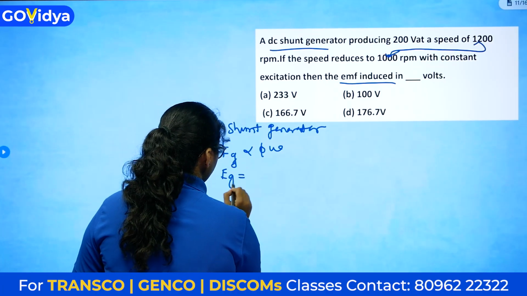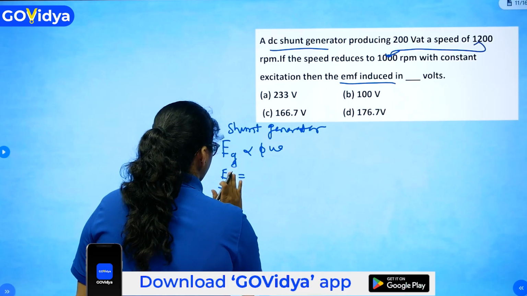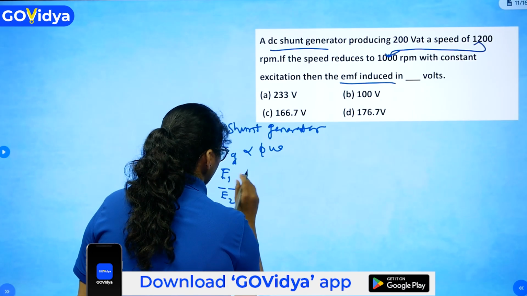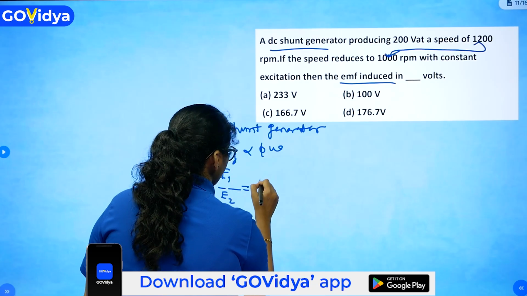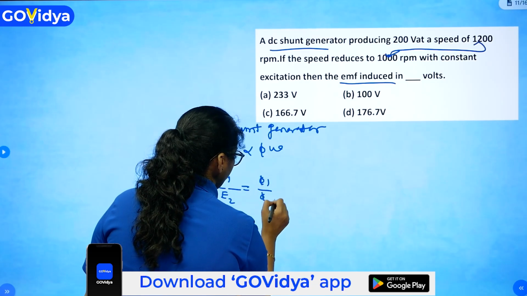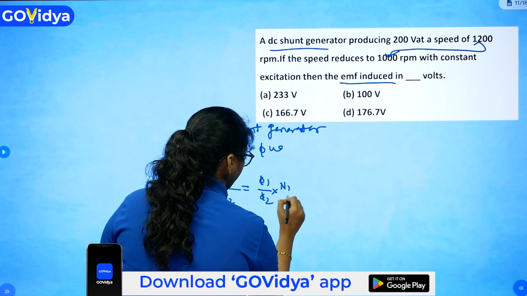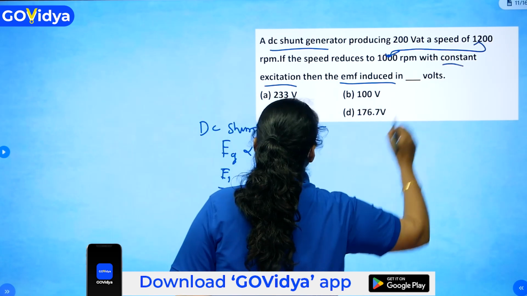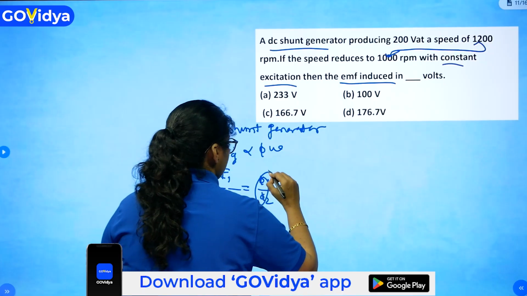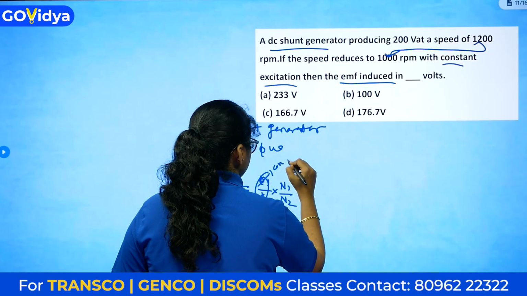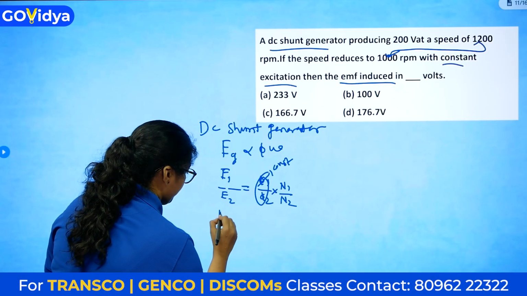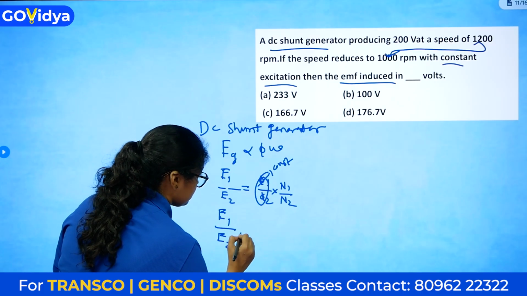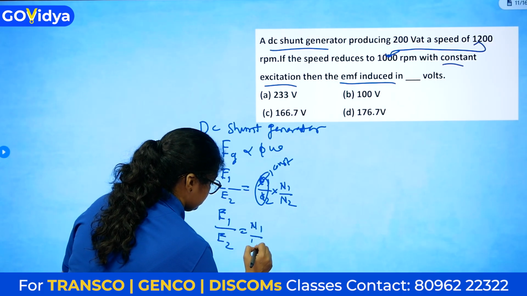So E1 by E2 is equal to phi1 by phi2 into N1 by N2. But in the question they have given constant excitation, so the flux is constant here. So E1 by E2 is equal to N1 by N2.